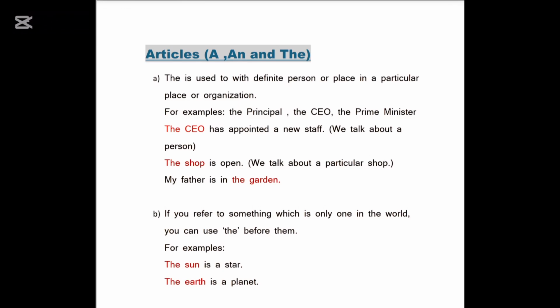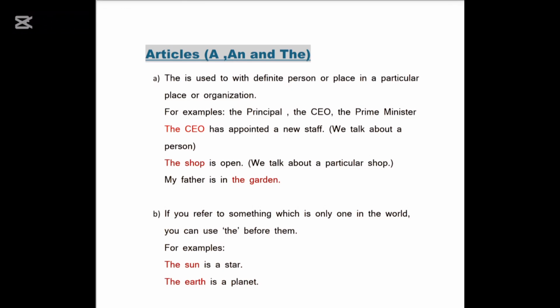Next is the place: the shop, the garden, the temple, and so on. Like these kinds of places we can use the article, but before a country's name or before Kathmandu or Pokhara or Gongabu or Chabahil, before those places no article is used. So please be careful, only definite kinds of places take the article.